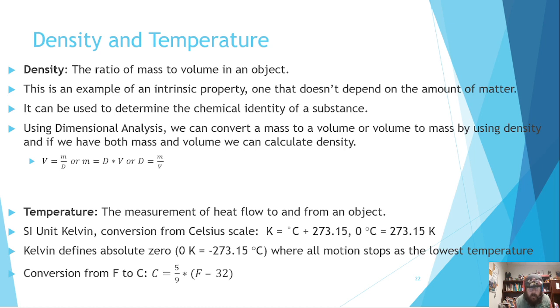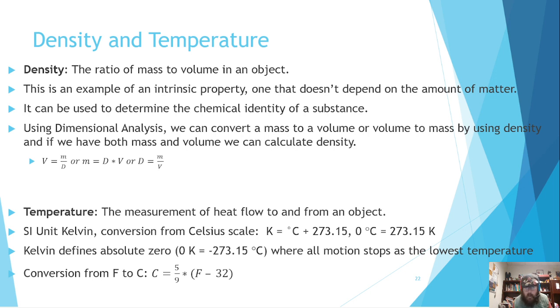So even when it's freezing out, it is still 273.15 degrees Kelvin. When it's room temperature, which is typically considered to be 25 degrees Celsius, it would still be something like 298 Kelvin.